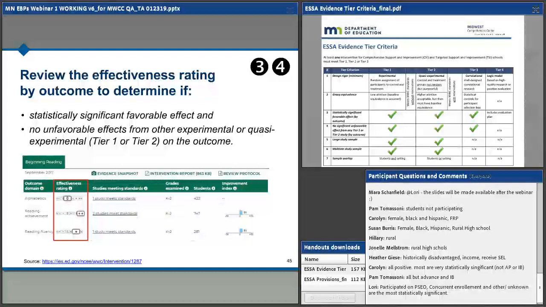In other words, for the Leveled Literacy Intervention, that row describes the relationship between the intervention and that specific outcome, which is alphabetics. The next row describes the relationship between the intervention and reading achievement scores specifically. And then finally, the next row describes the relationship between the intervention and reading fluency, which is a different type of measure.